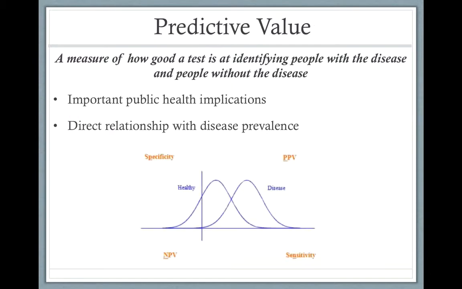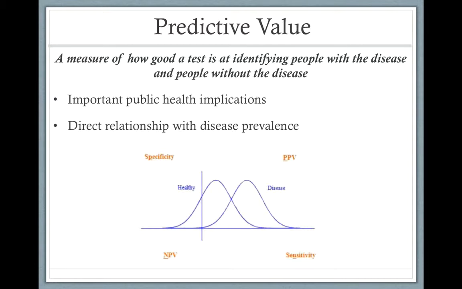A little bit more on the positive predictive value. Okay, so the positive predictive value, again, it answers the question of what proportion of patients who test positive actually have the disease.